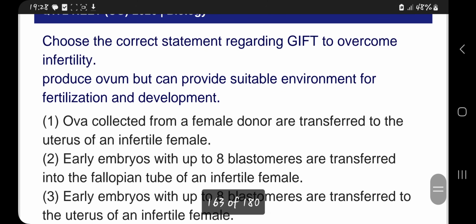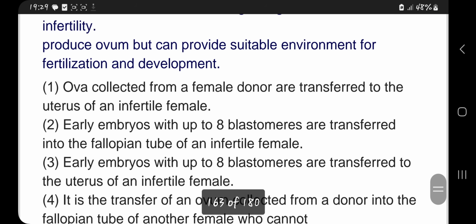So choose the correct statement regarding GIFT, gamete intrafallopian transfer, to overcome infertility. Ova collected from a female donor are transferred into the uterus of an infertile female. Early embryos with up to 8 blastomeres are transported into the fallopian tube of an infertile female.